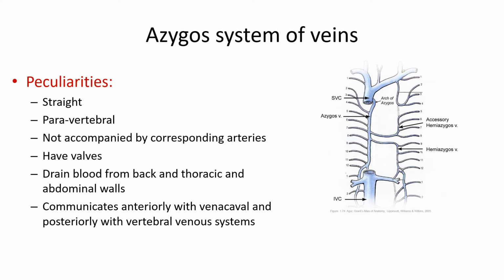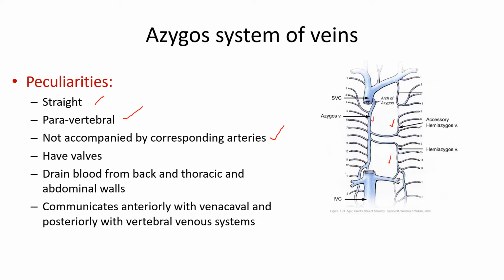The peculiarities of the Azygos system of veins are that they are straight, they are paravertebral in location, and they are not accompanied by corresponding arteries. In this picture you can see the Azygos vein, which is straight, and the hemiazygos and accessory hemiazygos veins.